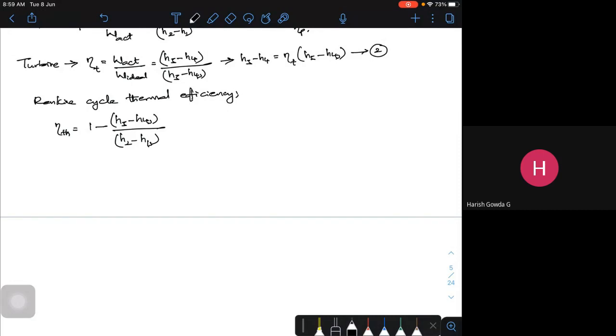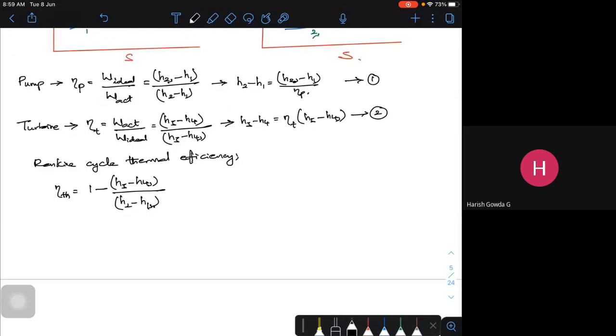So now I will try to substitute for this particular thing. H2 minus H1s, that is for your pump, I can write it as pump efficiency into H2 minus H1, and H3 minus H4s I can write it as H3 minus H4 divided by turbine efficiency.